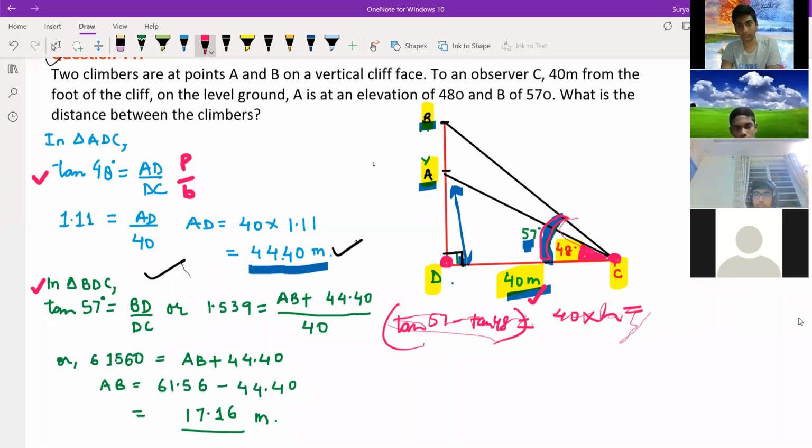So it must be on the other side. So tan 57 minus tan 48 into 40 equals H. Which is equal to H. Into. Yeah. So into 40, if you do, you'll get 10. One minute. Let me find this.